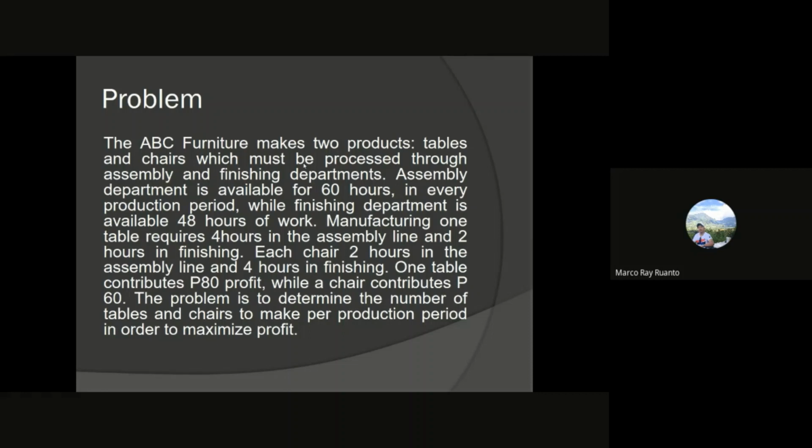In the assembly department, the maximum time available is 60 hours, while in the finishing department, it's 48 hours. Manufacturing one table requires 4 hours in the assembly line and 2 hours in the finishing line, while a chair takes 2 hours in the assembly line and 4 hours in the finishing line.